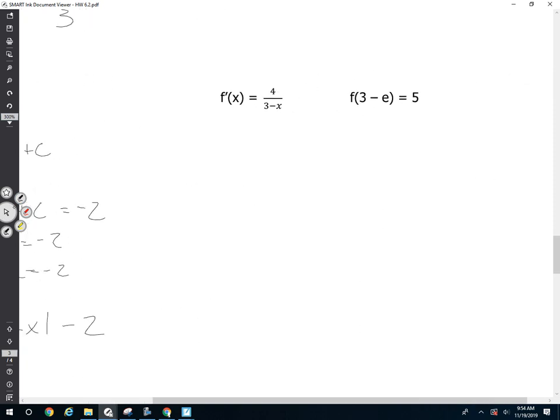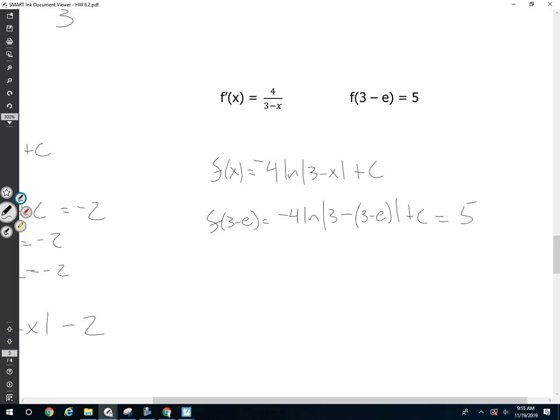Ooh, same problem, different initial value. So f of x is negative 4 log absolute 3 minus x plus c. F of 3 minus e. So that's negative 4 log absolute 3 minus, in parentheses, 3 minus e. Why parentheses? Because it's very important.